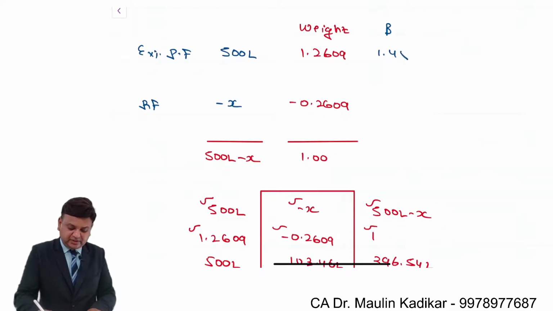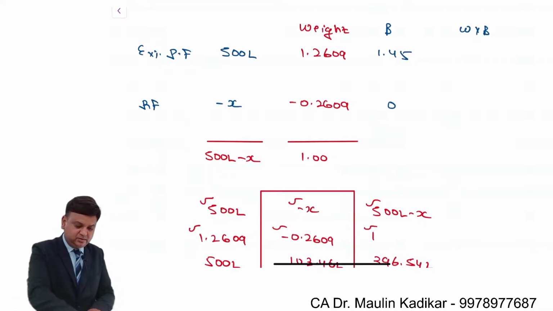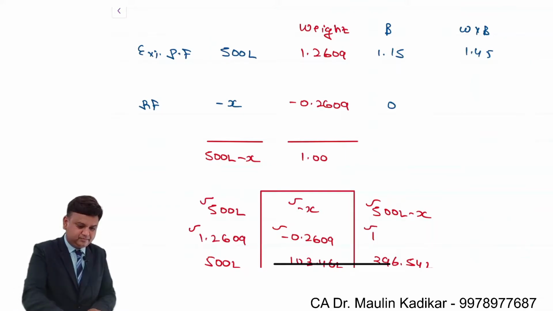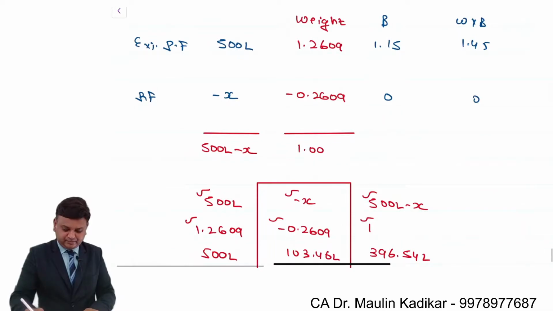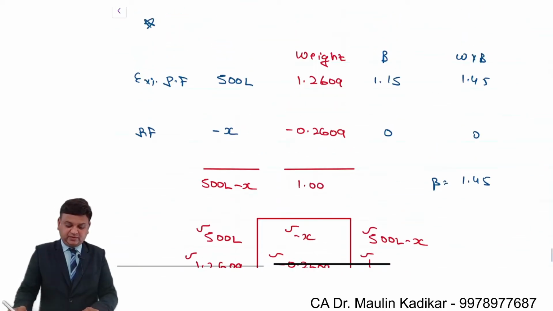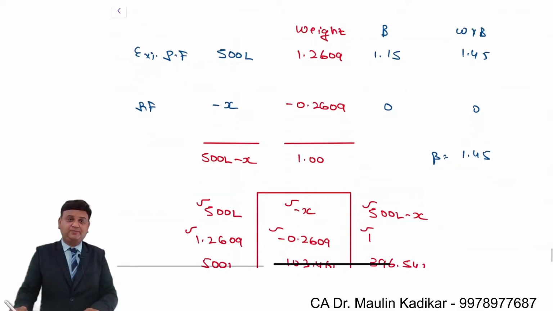This is 1.45 and this is 0. So weight into beta. So 1.2609 into 1.15 is 1.45. This is the way the beta of the portfolio will be 1.45. This is what we understand.